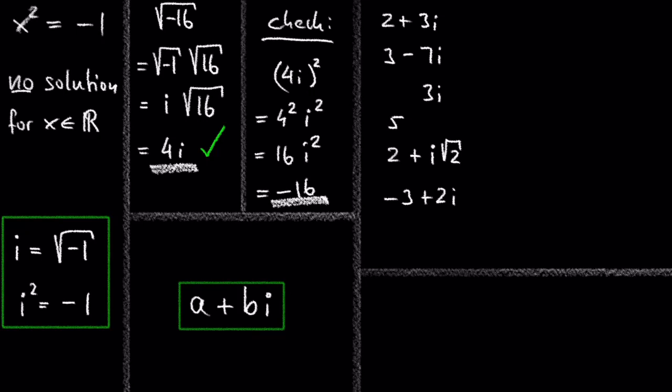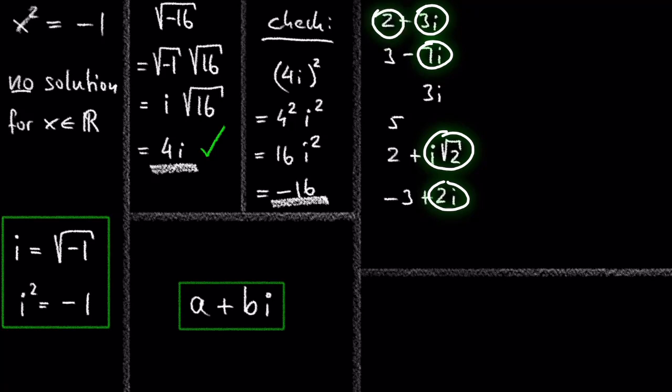Complex numbers are based on adding multiples of i to real numbers.